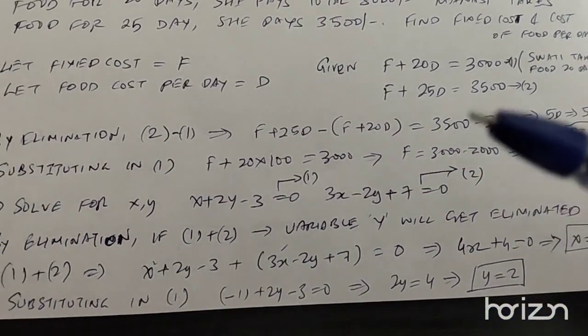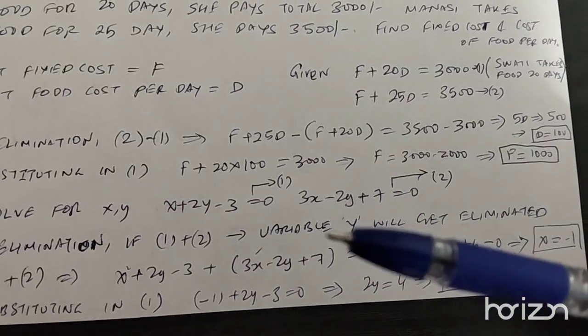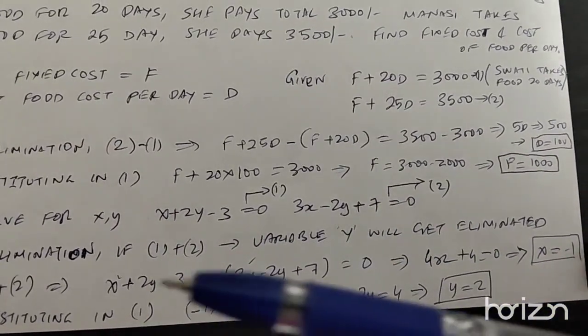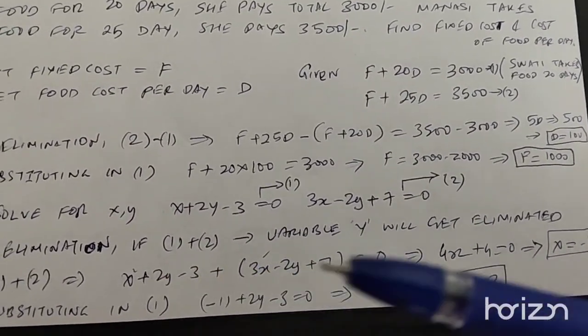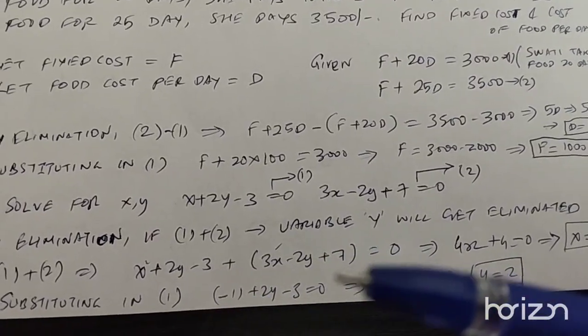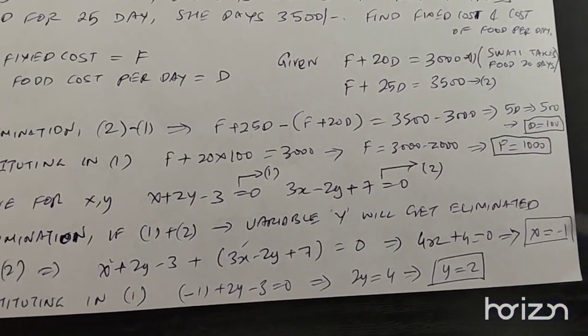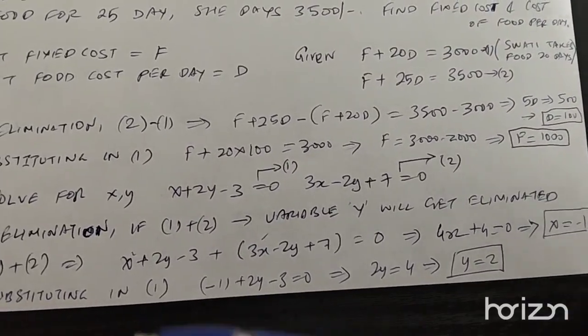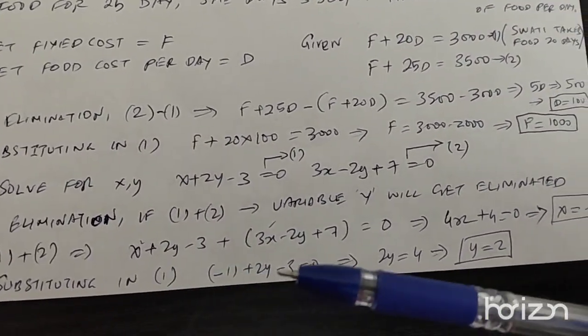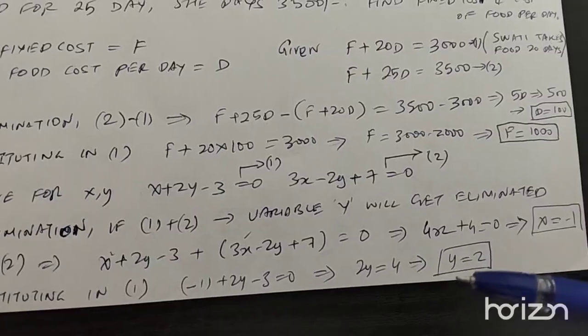RHS is both 0, so if you add them together, you will get 0 only. So on the LHS, 2y will get cancelled because there is plus 2y and minus 2y. x will become 4x, okay, 4x plus 4 equal to 0, or x is equal to minus 1. Substituting back, you will get y as 2, okay.